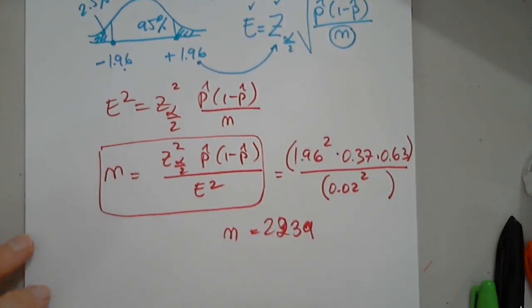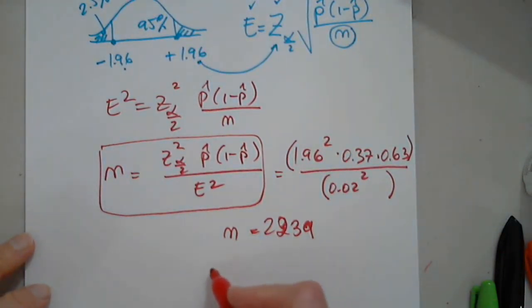The 0.37 is the same, so the denominator was 0.05. And for 96, I don't know what Z is for 96. So let me check Z for 96. inv norm for 96 is 2 and 2. So this will become 0.02.